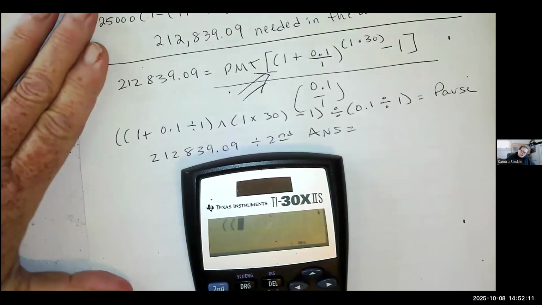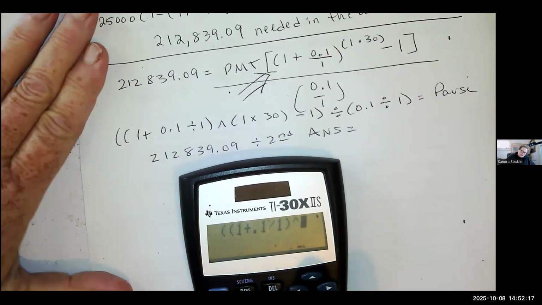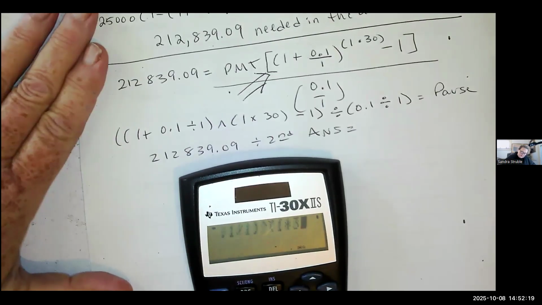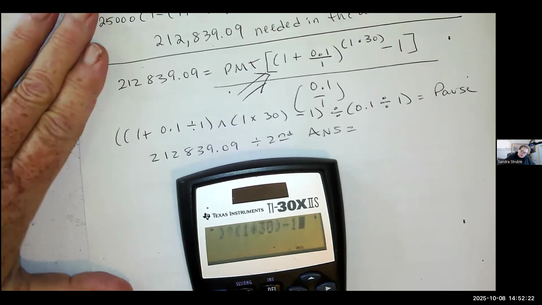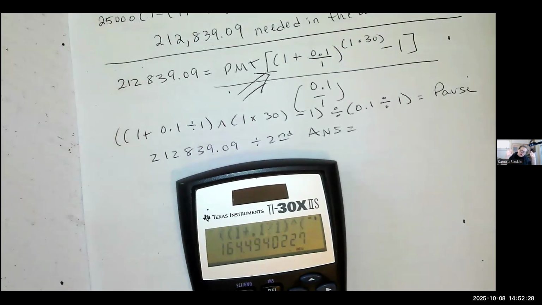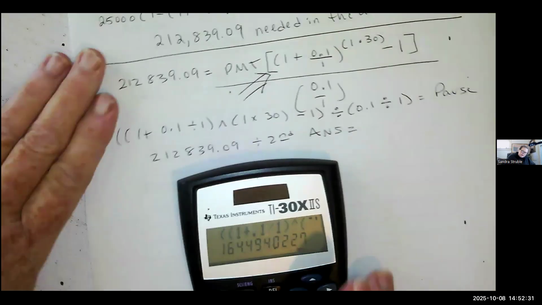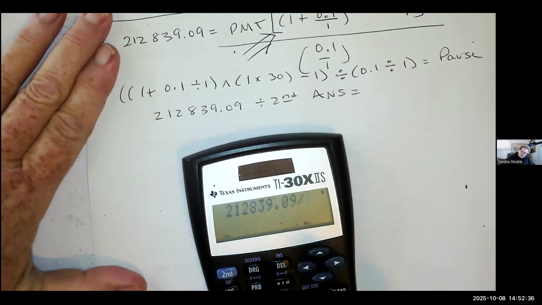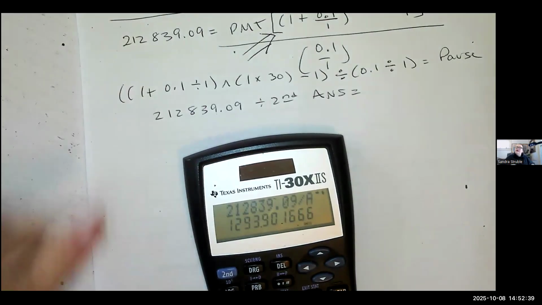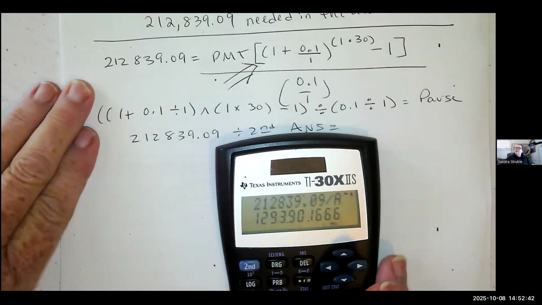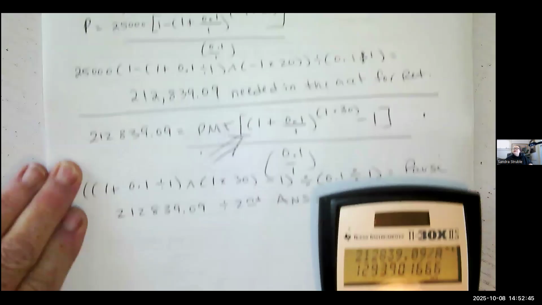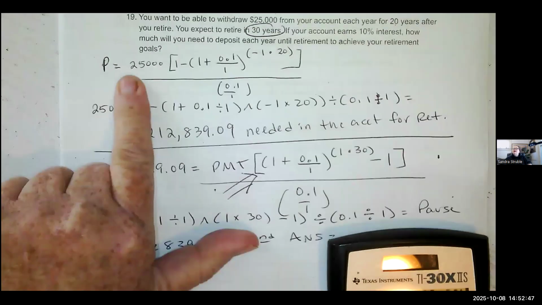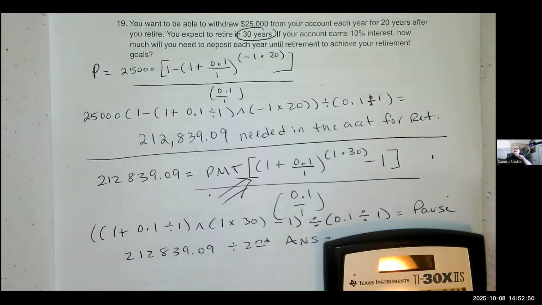Open, open. 1 plus 0.1 divided by 1, close, caret open, 1 times 30, close, minus 1 close, divided by open, 0.1 divided by 1 close, equals. Now, I just type in 212,839.09 divided by second answer equals, and this is how much money I have to deposit per year, $1,293.90 for 30 years, so that I can have $25,000 a year for 20 years after I retire.